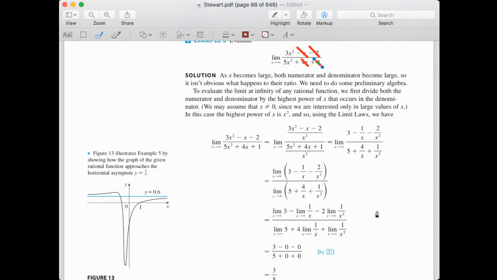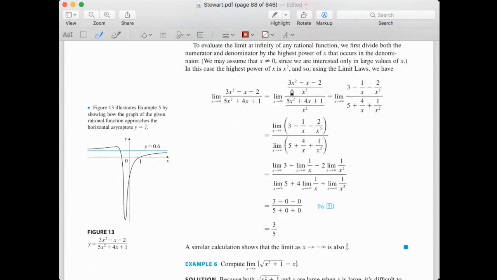But why we can use the ignore rule is because of this. Because we can divide by the highest terms. The highest term in the numerator is x squared. The highest term in the denominator is x squared. So let's divide by x squared over x squared. We divide the numerator by x squared, and we divide the denominator by x squared. Once we divide, we get this. The numerator becomes 3 minus 1 over x minus 2 over x squared.